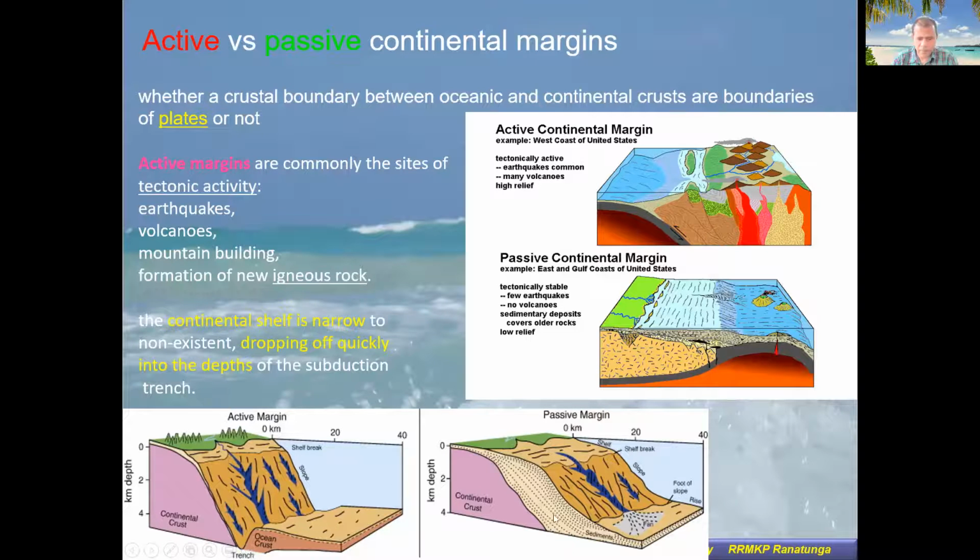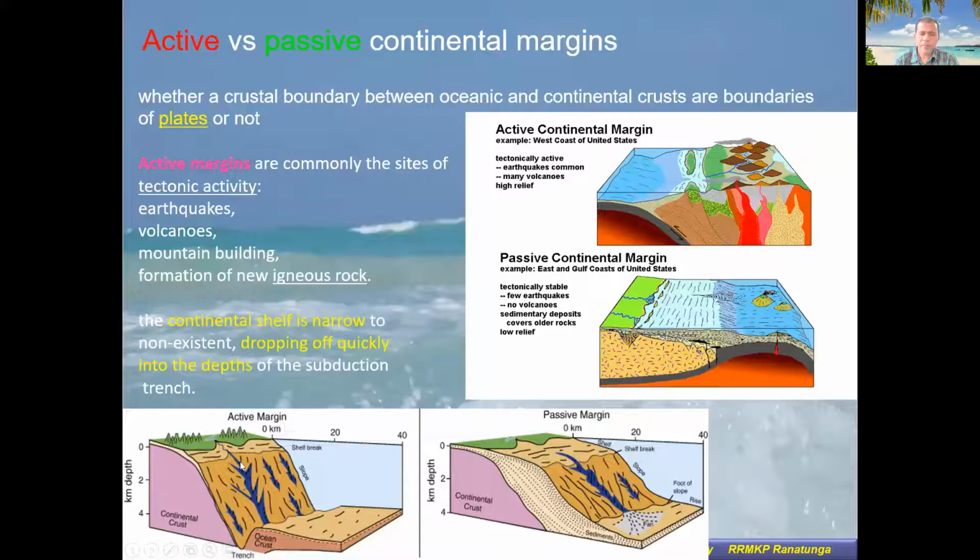And on the bottom image, you will see the active margin versus the passive margin, the difference. You see the active margins have a very steep slope, and the boundary will be here, and you can even experience a trench because of the boundary.